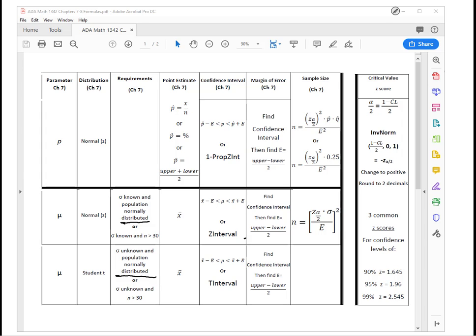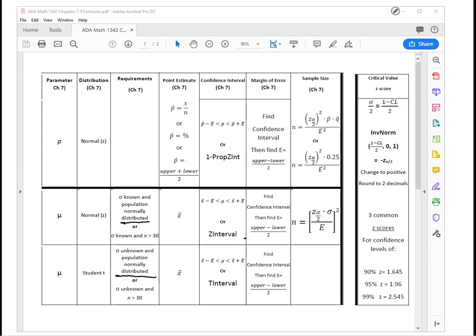So which one am I going to use? The first bit of information I was given was sigma, so I need the normal distribution, because the problem confirms it is normally distributed, and my sample size n was 65, which is much greater than 30. So I'm going to use the normal distribution.